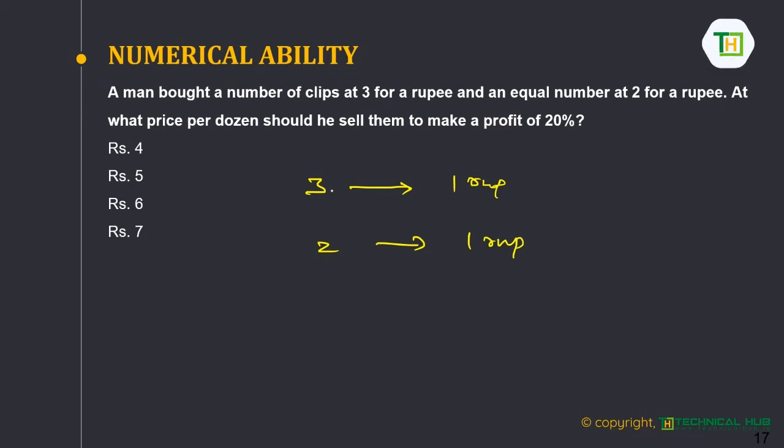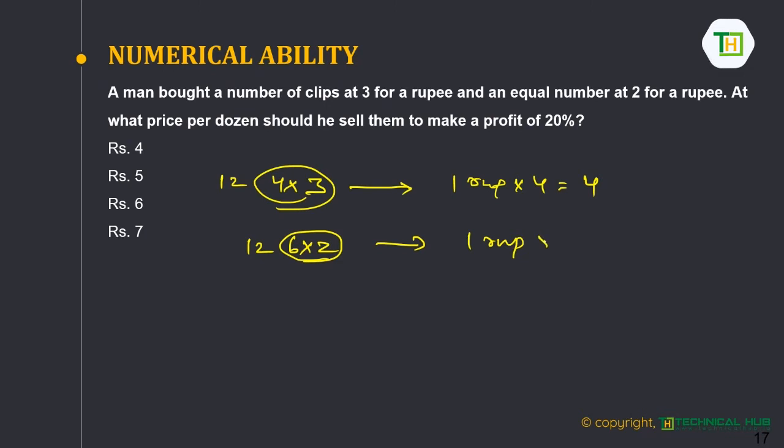So first calculate cost prices per dozen. Here these are 4 items. If I want per dozen, in the sense 12, I need to multiply with 4. Here also multiply with 4. 12 items cost is equal to 4 rupees. Here I need to multiply with 6 in order to get 12.